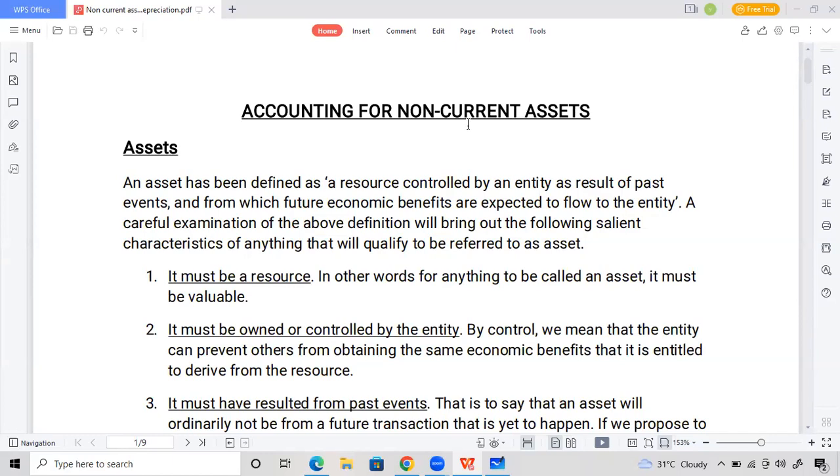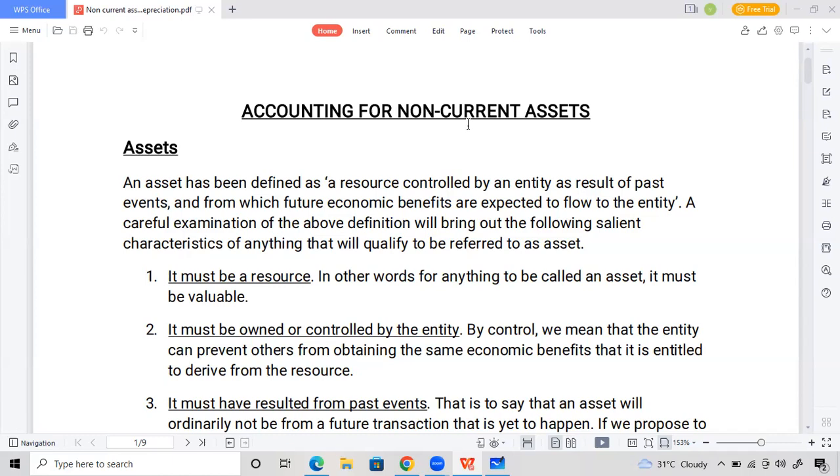So for you to say something is your asset, it has to be something that you have control over. It's not something that someone can just collect from you at any time. That is one of the key definitions of assets.